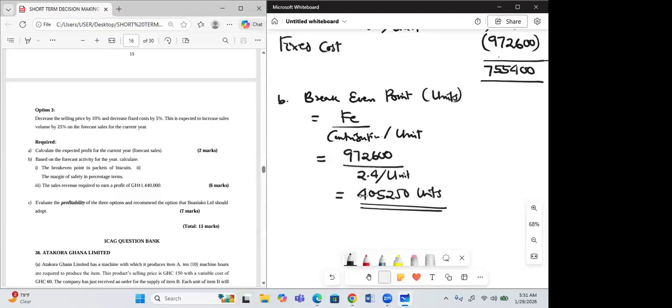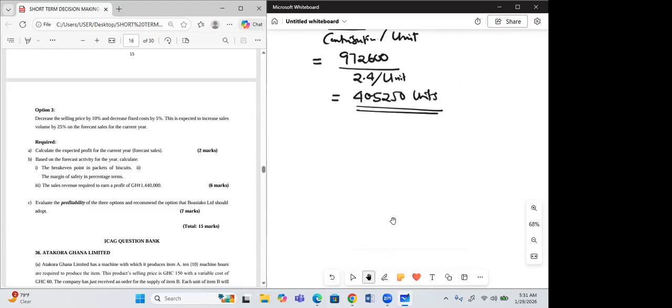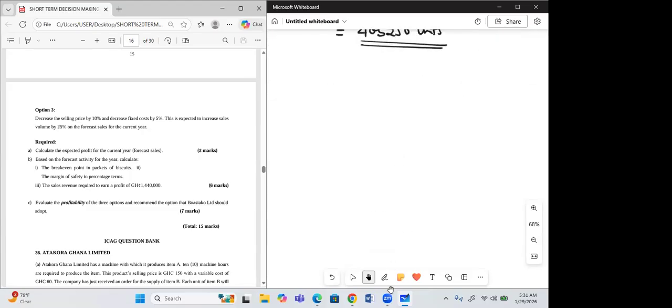So let's look for the margin of safety in percentage: our budgeted units minus our break-even point units. Exactly. You can see you are now understanding the issues.